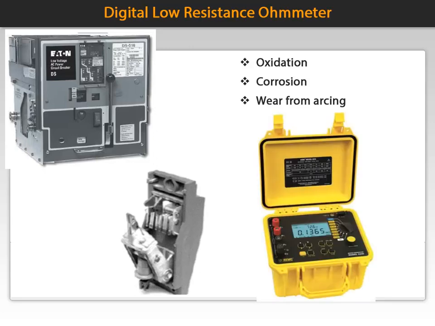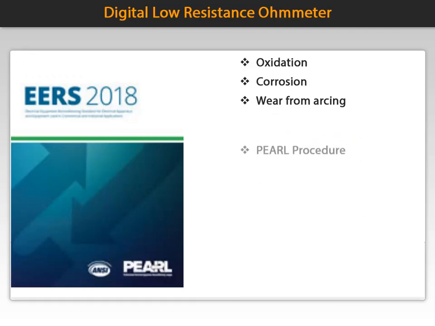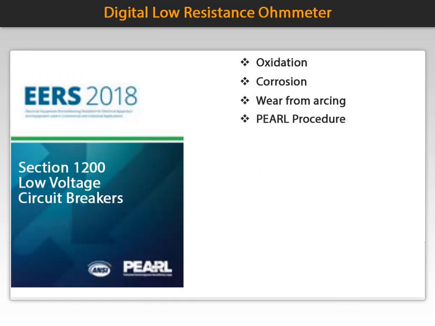The DLRO is used. Most testing procedures guide a technician on how to perform the test and analyze the results. Let's look at NETA ETS 2018 taken from Pearl. Section 1200 covers circuit breakers including molded case, insulated case, and power breakers. Here is an excerpt from that section.